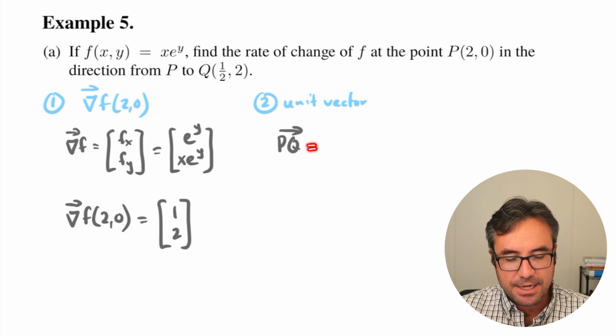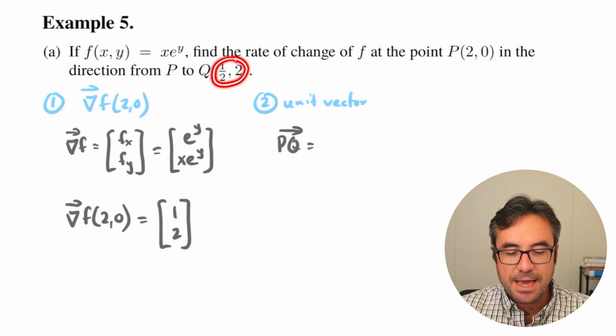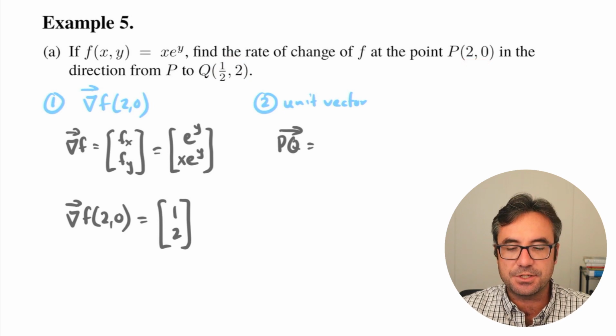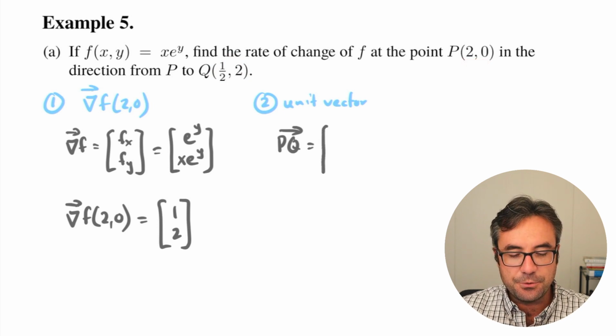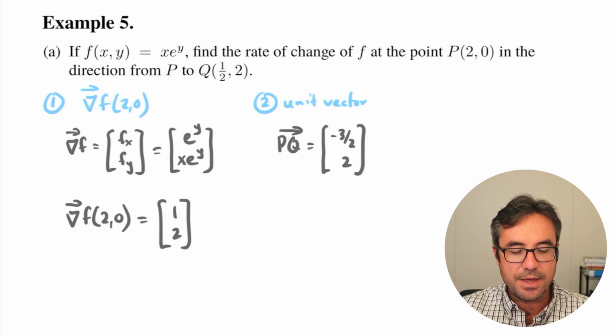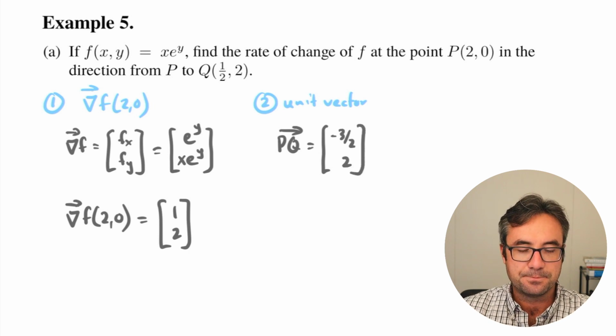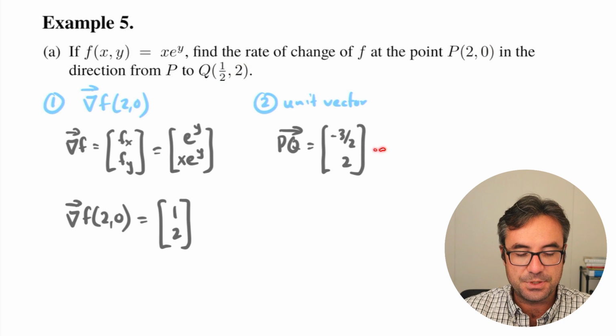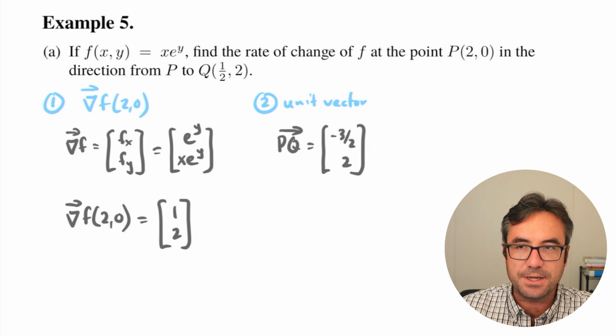All right, so let's calculate this vector PQ. We take the end point and we subtract off the starting point. So if we do that, we end up with -3/2 and then 2 minus 0. Again, we're taking 1/2 minus 2 and then 2 minus 0 to get our components there.